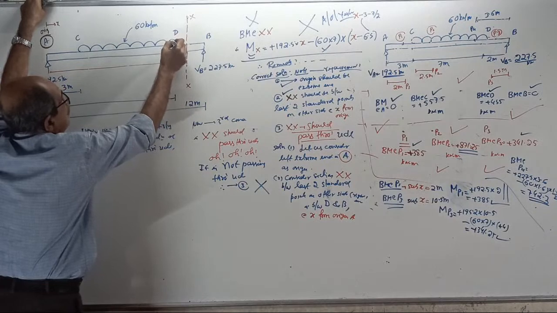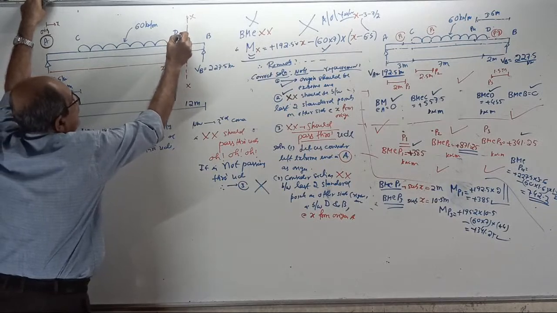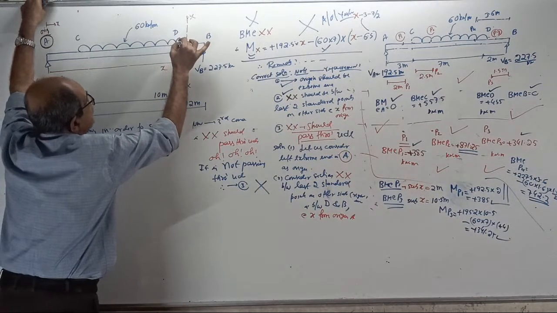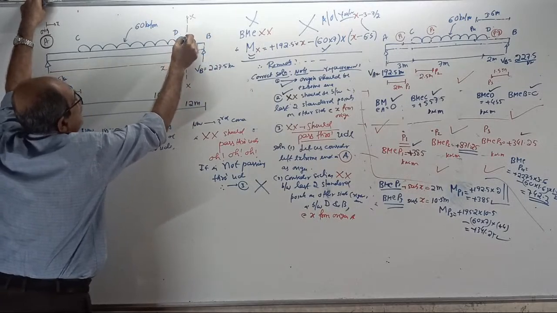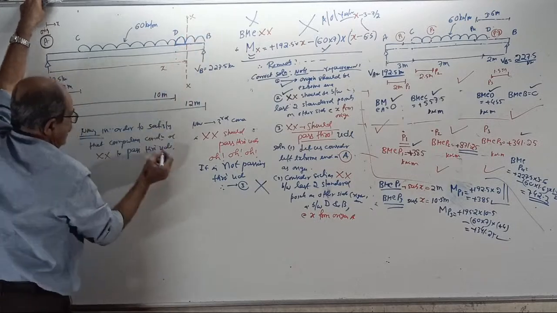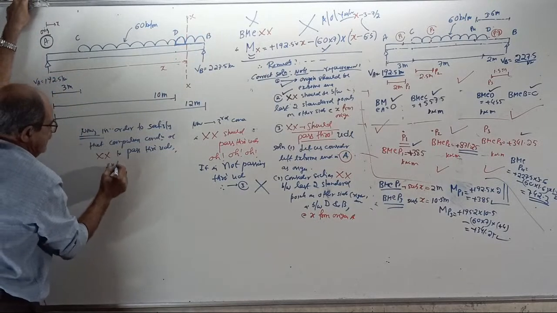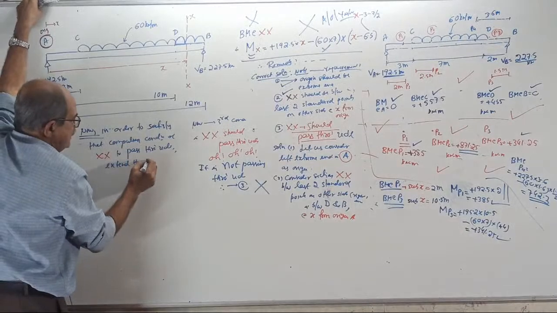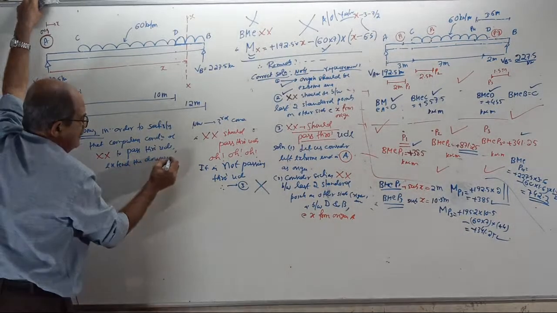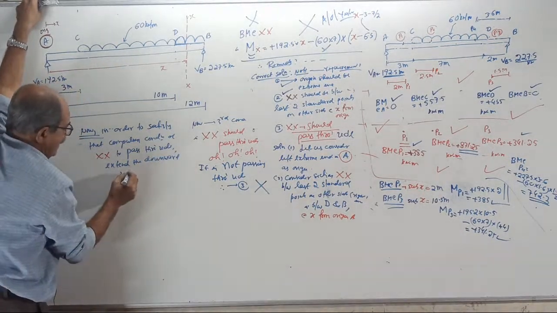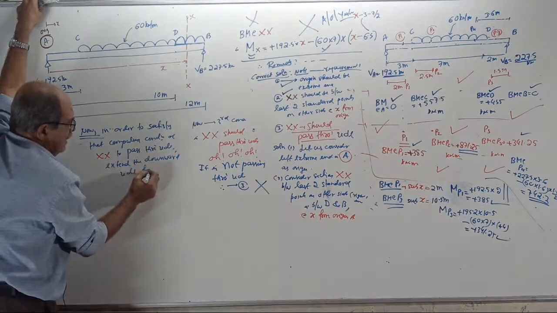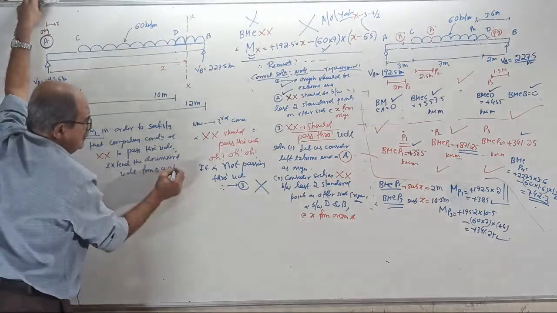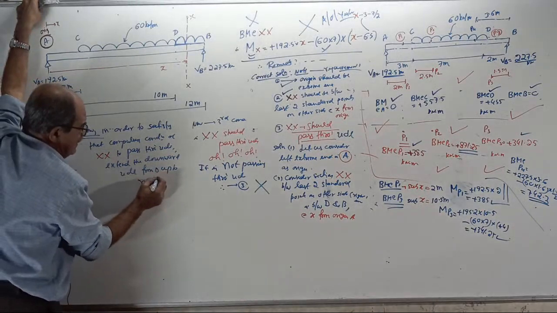This is the UDL up to now. This much length of UDL is not there. I will extend the UDL up to B, extend the downward UDL from D up to the right extreme end.